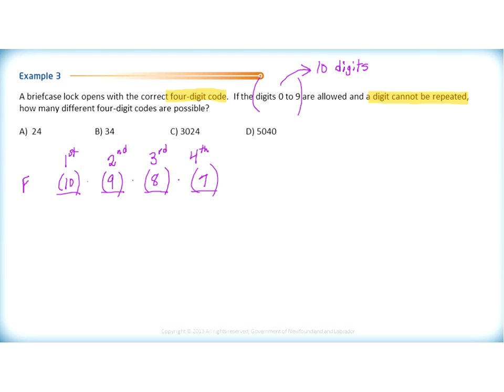So this is an example where the fundamental counting principle is easier to use as opposed to a tree diagram, an outcome table, or an organized list. So when you multiply 10 times 9 times 8 times 7, you will end up with 5,040 possible codes. And each one of those codes will be different.